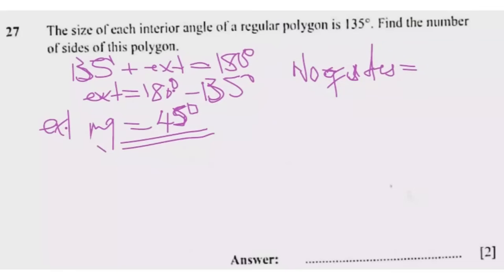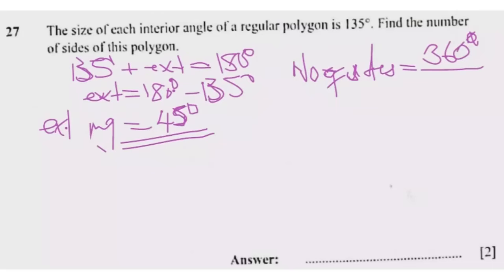Now in any given polygon, the total sum of exterior angles is equal to 360 degrees. It doesn't matter whether it's a triangle, a decagon, a nonagon, a septagon, or a pentagon, the sum of exterior angles is equal to 360 degrees.